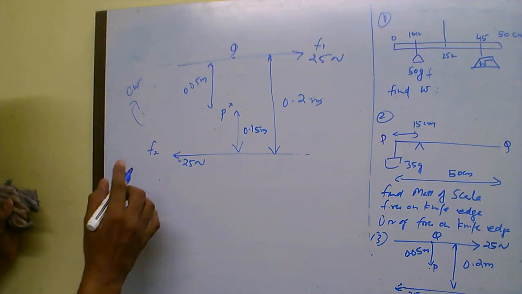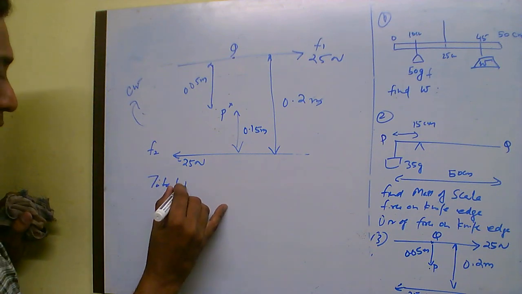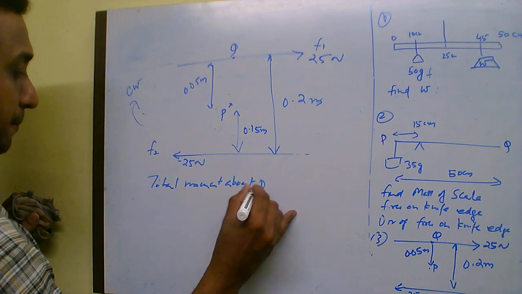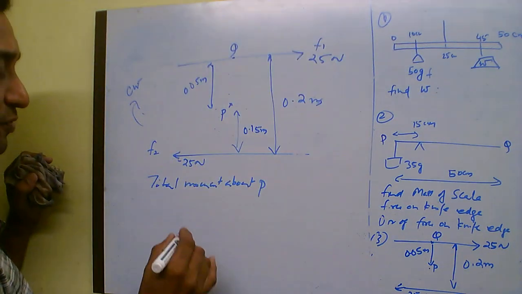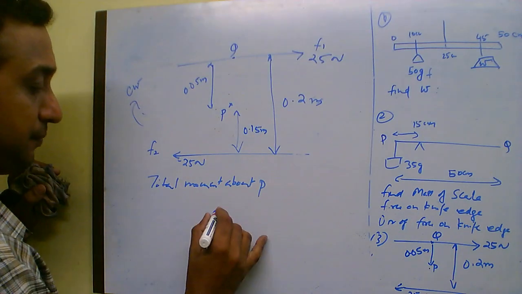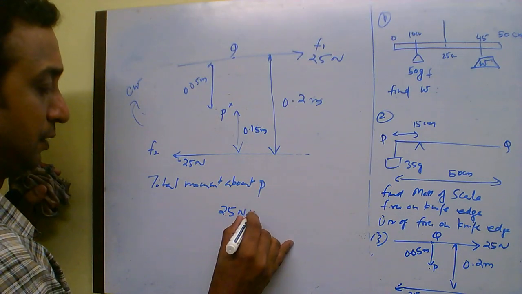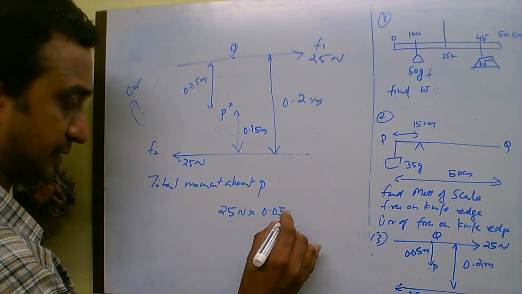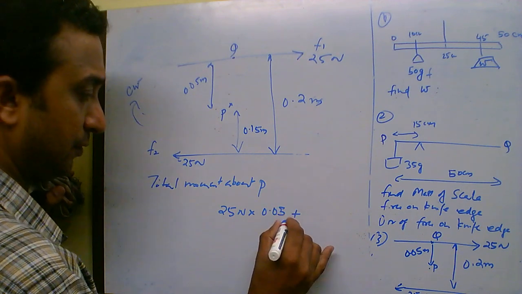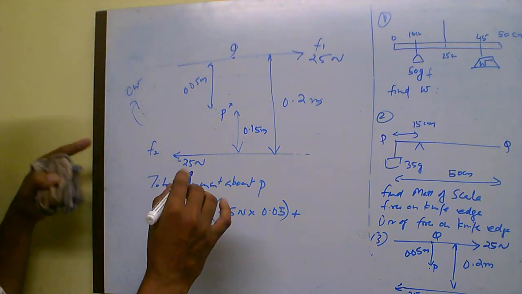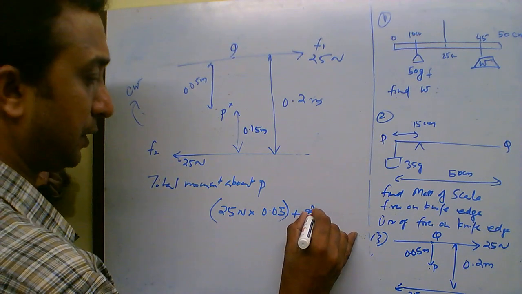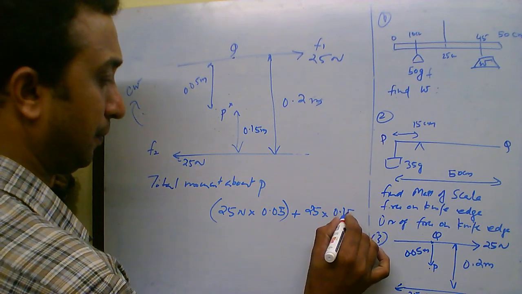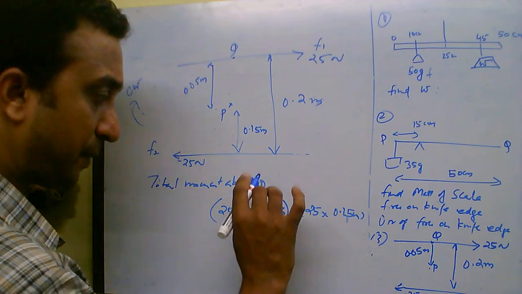So what is the total moment about P? This F1, 25 Newton, is acting at a distance of 0.05, that is the perpendicular distance, and will make it turn clockwise. Similarly, F2, that is 25 Newton, acting at a distance of 0.15, will also make it turn clockwise.